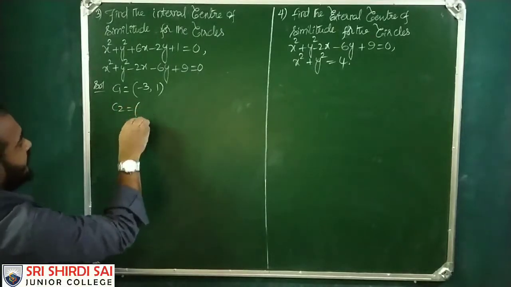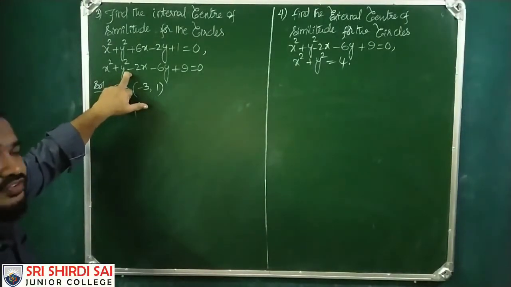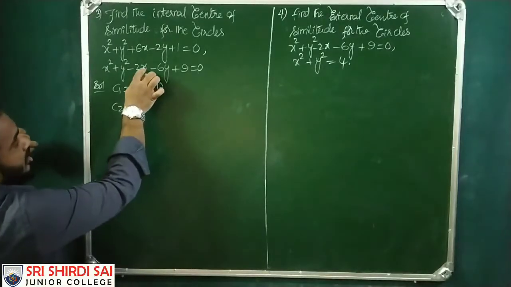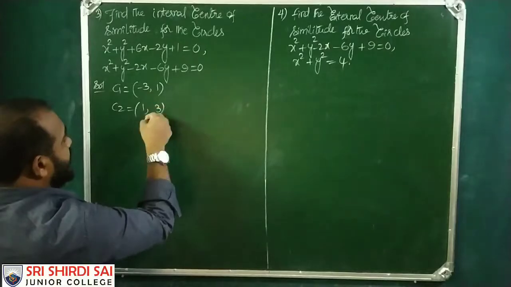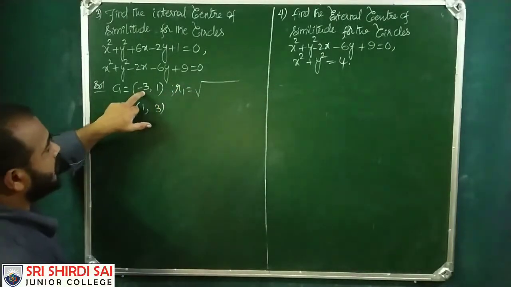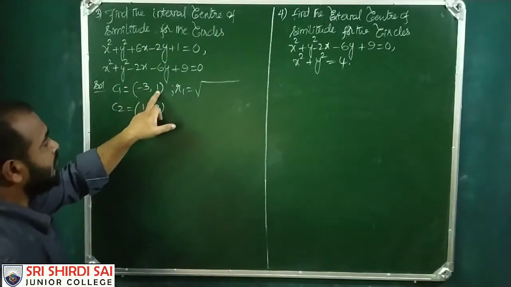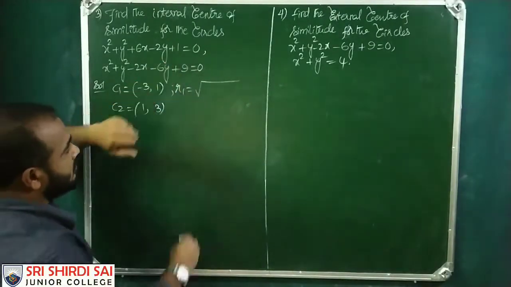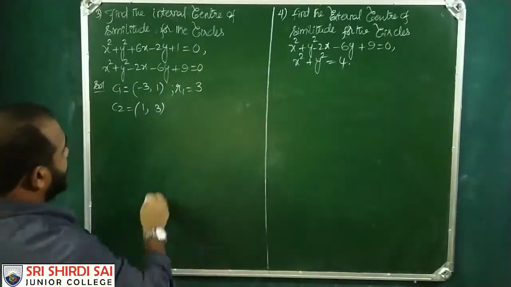And C2: take the opposite sign, plus, and the x coefficient is 2, half of it, 1. So this is 3. And the radius is the square root of g square plus f square minus c. 3 square, 9, plus 1, 10, minus 1. So which is root 9, that is 3.